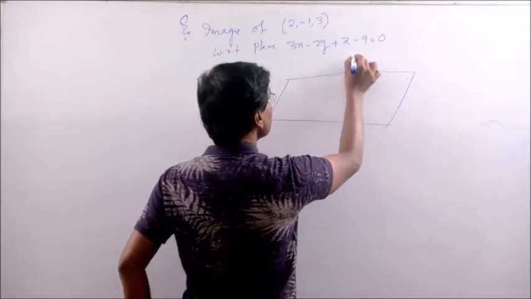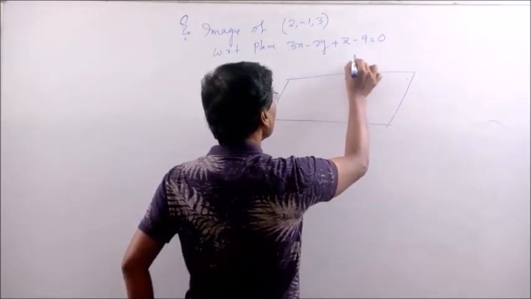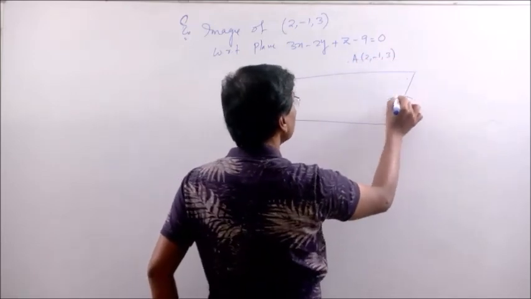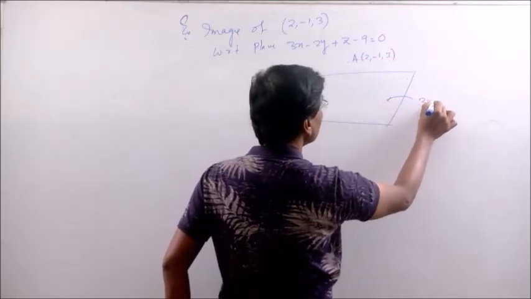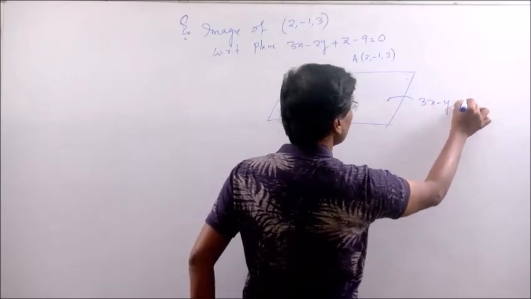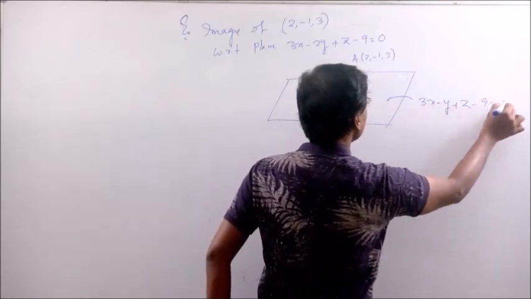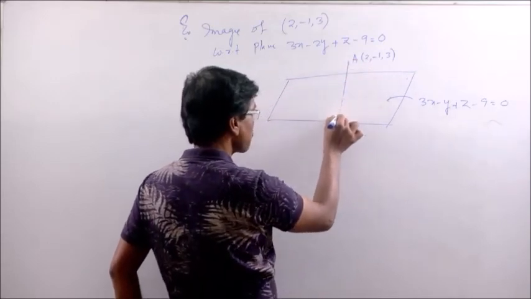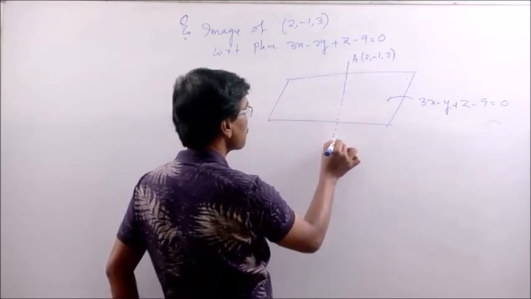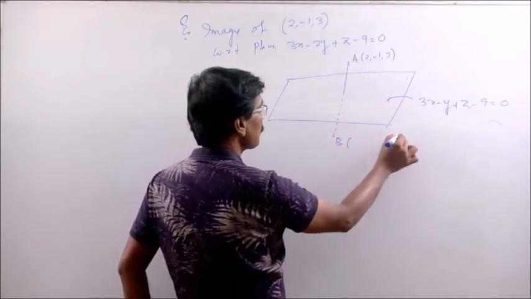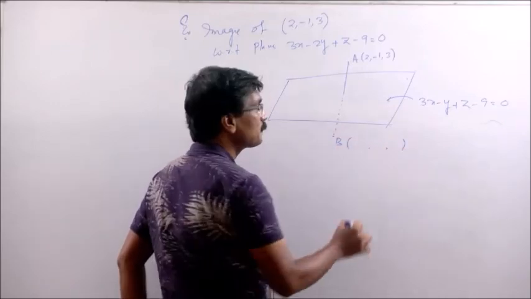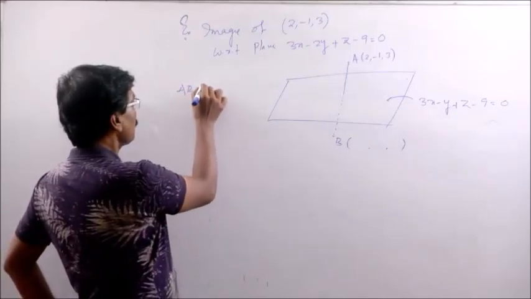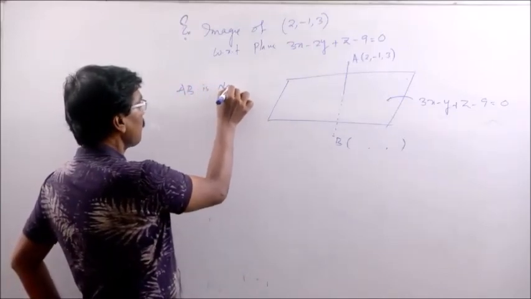Suppose the point A has coordinates 2 minus 1 3, and the plane is 3x minus y plus z minus 9 is equal to 0. So, image of A is B, and we have to find the coordinate of B. So, AB is normal to the plane.